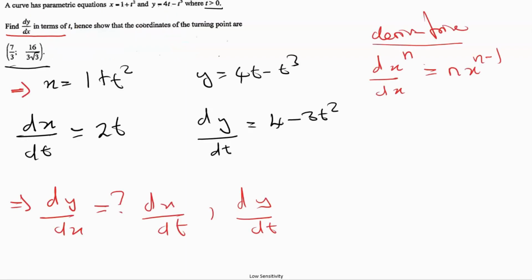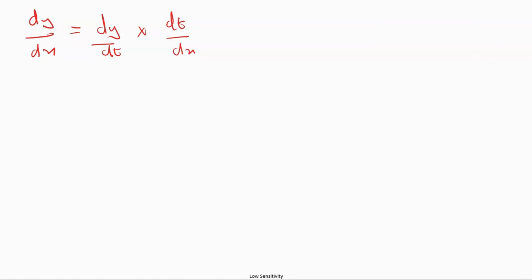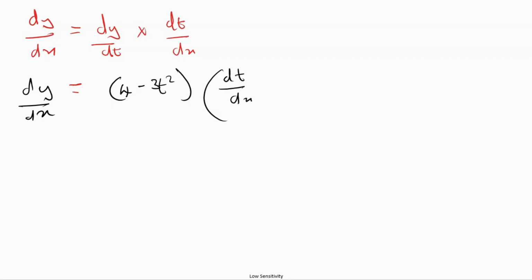In the previous step, we have dy/dt and dx/dt. So dy/dx is going to be dy/dt, which is 4 minus 3t squared, times dt/dx.